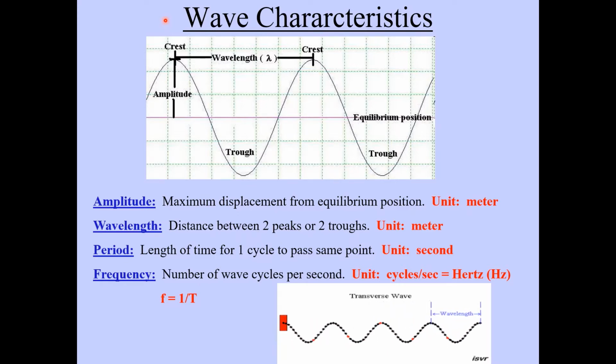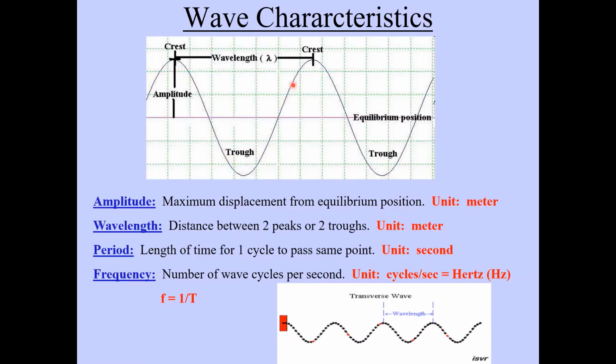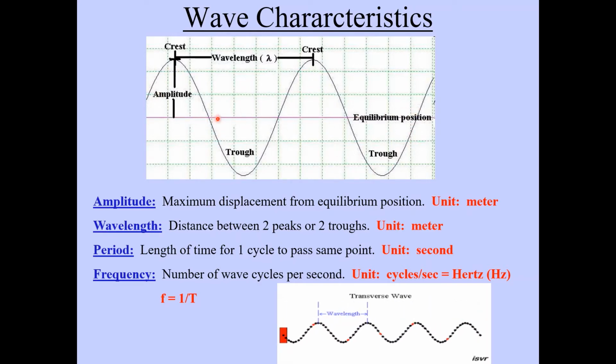So the 4 main characteristics of any wave are amplitude, wavelength, period, and frequency. So the amplitude of the wave, this is something that we saw in the previous chapter on oscillations. It's the maximum displacement from the equilibrium position. So if this is a picture or a snapshot of a rope that has waves traveling on it, this is the equilibrium position here, which would be the rope held tight, where it's not vibrating at all.